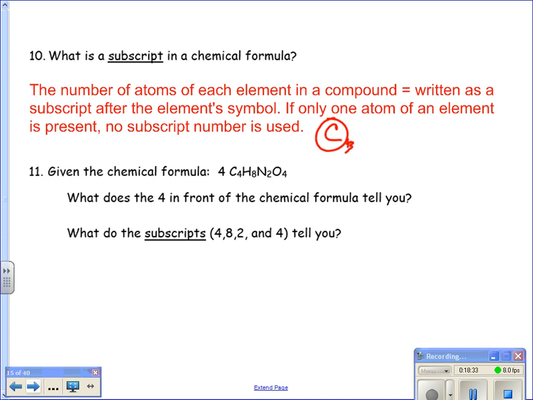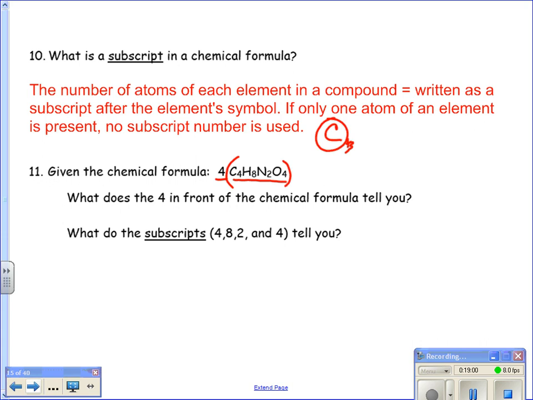Okay, 11, given the chemical formula then, 4C2H8N2O4, we need to figure out a couple of things. When we look at that, you can see that this number in front of all of this should remind you of something in math. A coefficient, right?